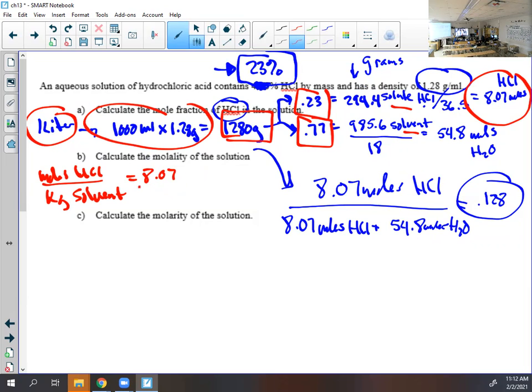The kilograms of solvent I have right here. Now this was grams, so I need to move it over 1, 2, 3 places, and I have 0.9856. So I already had both those values that I needed. I type that into my calculator and I get 8.19. It's 8.19 molal.